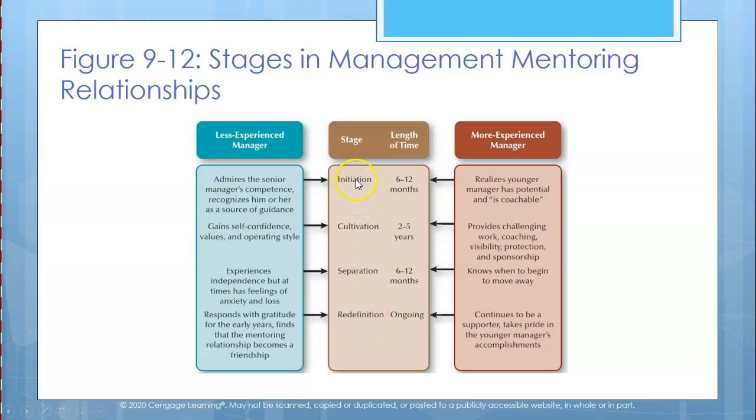What this means is we're pulling somebody in a year and turning them into a quality manager. We cultivate them into a growing leader in 2 to 5 years. In separation, that means that leader becomes independent, or they may even go to another company. That could happen. That could take a year or more. And then we get into the idea of redefinition. It means that we're constantly reevaluating ourselves as leaders.